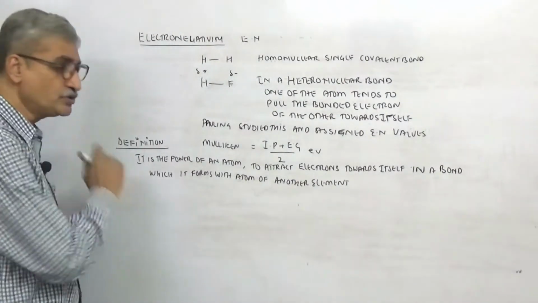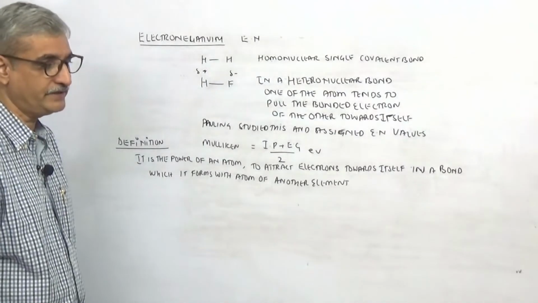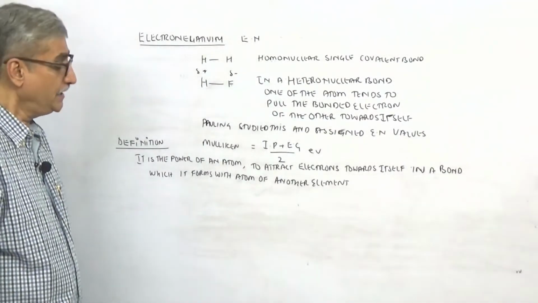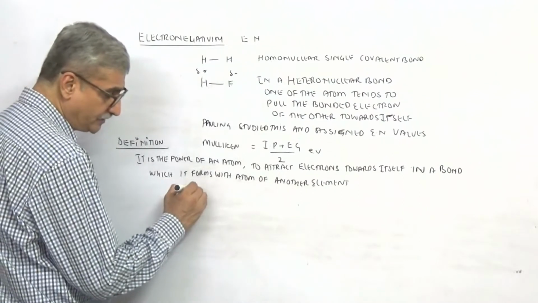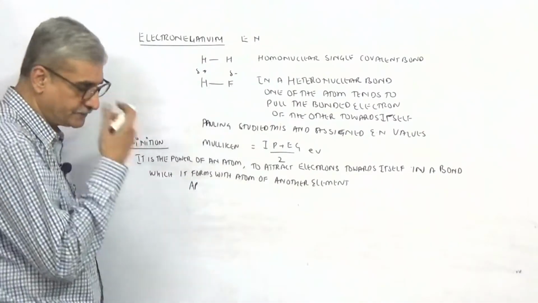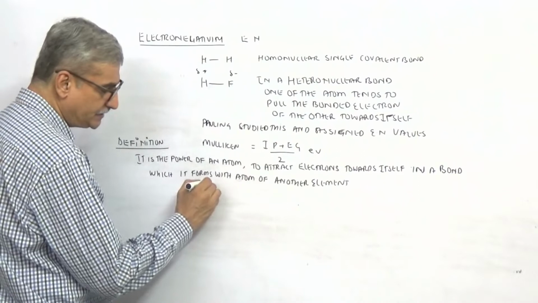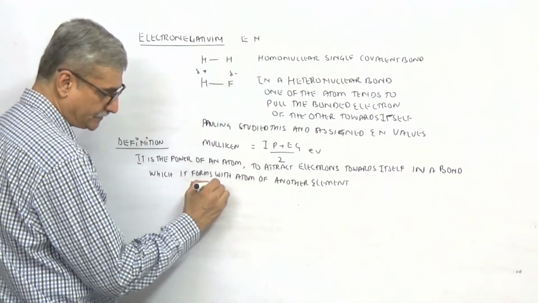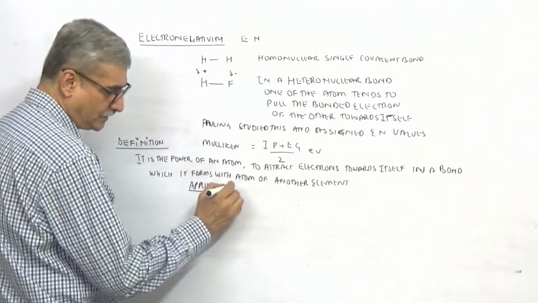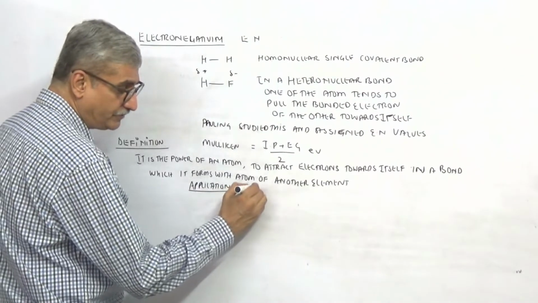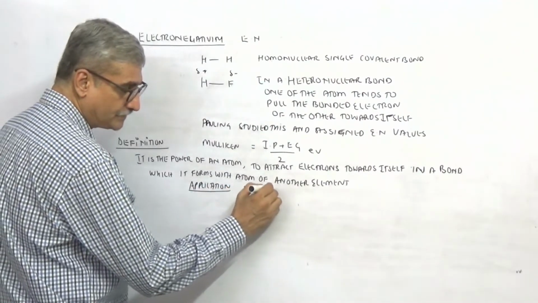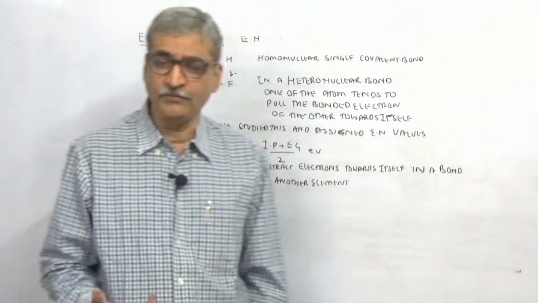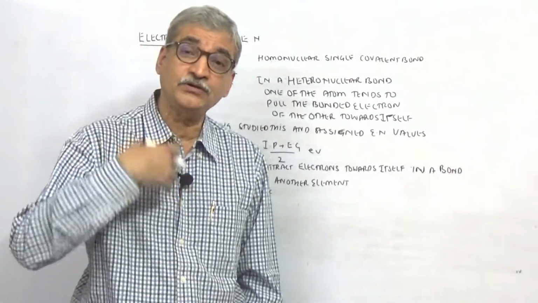Now, what is the use of this electronegativity value? The application of this, then we are coming to the periodicity, is we can find the percentage ionic character. If it is a perfect ionic bond, it's 100% ionic, where the electron was lost.